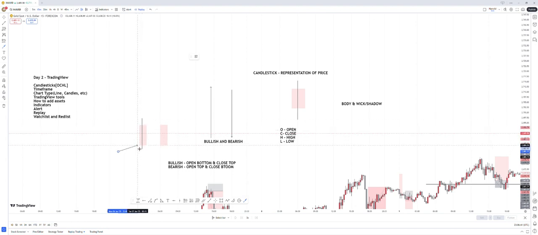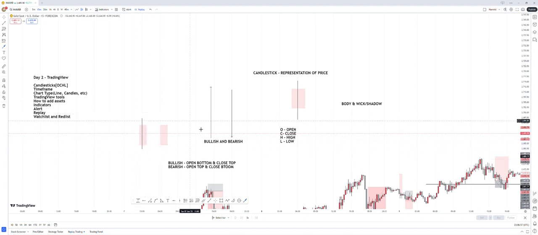So the wick signifies the highest and lowest points that the market went to.